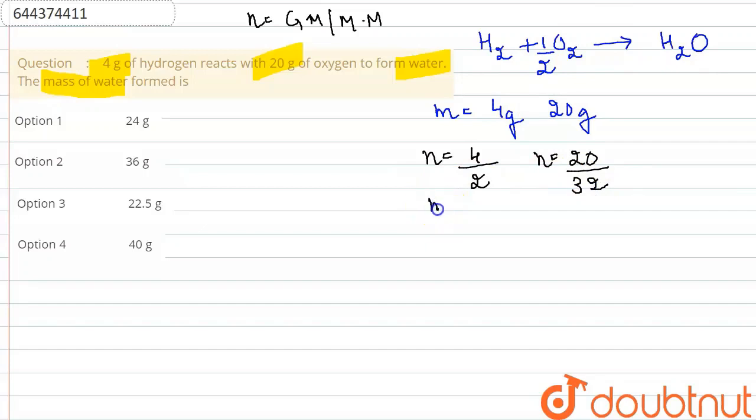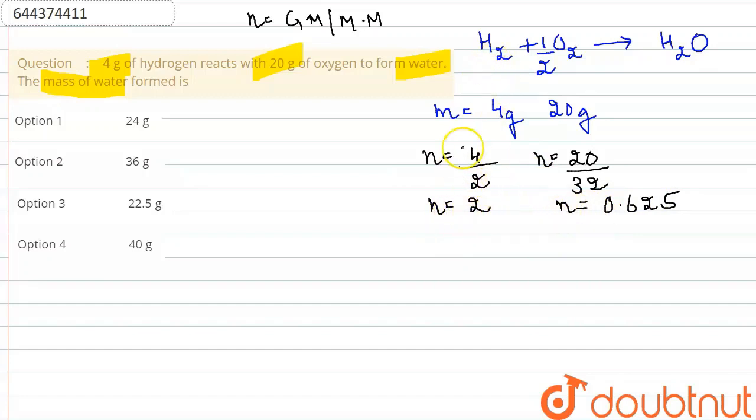So the number of moles here for H2 will come out to be how much? 2. And for oxygen, the number of moles upon division of this value will come out to be 0.625, right? The value will be 0.625 is the number of moles of O2 molecule. Now after finding the number of moles, we are going to use the concept of limiting reagent.